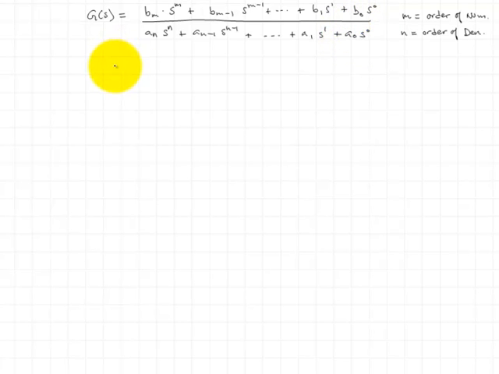Okay, but more compactly, we can just say we have a polynomial in s, call it N of s, divided by a polynomial in s, call it D of s for the denominator. And those are each defined by the terms above, and we should stipulate that a sub i and b sub i, in other words, all of the coefficients above, are real valued.